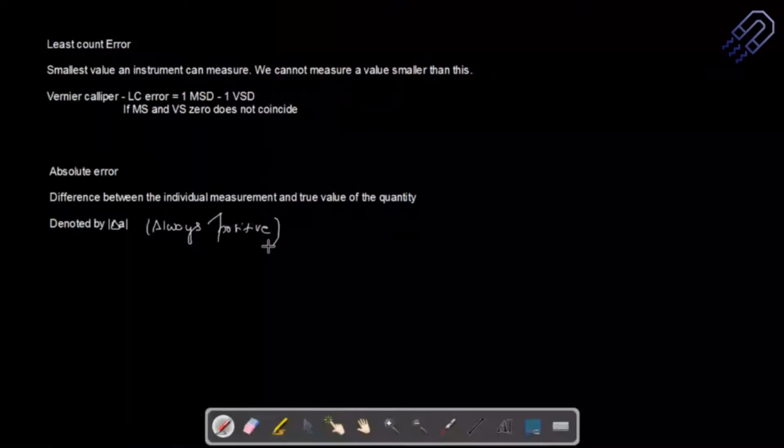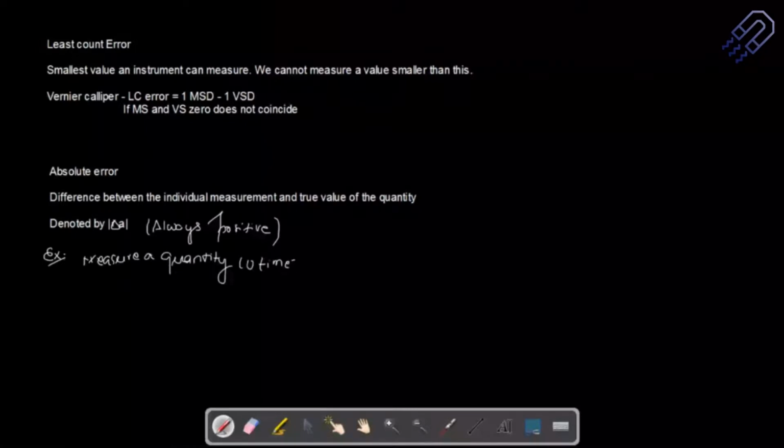Always positive. Okay, so if we just take an example here, you can actually measure a quantity 10 times. Maybe the weight that we talked about, we'll just measure the quantity 10 times.